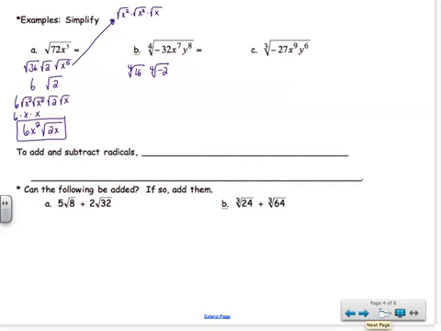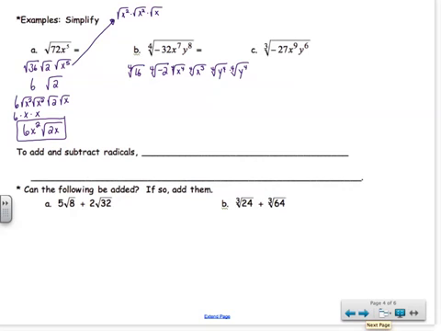Then I'm going to change the x to the 7th into 4th root of x to the 4th and 4th root of x to the 3rd. And I'm going to change the y to the 8th into the 4th root of y to the 4th and the 4th root of y to the 4th.